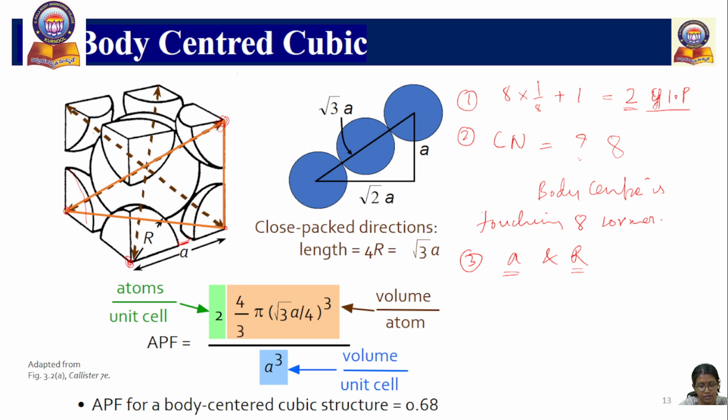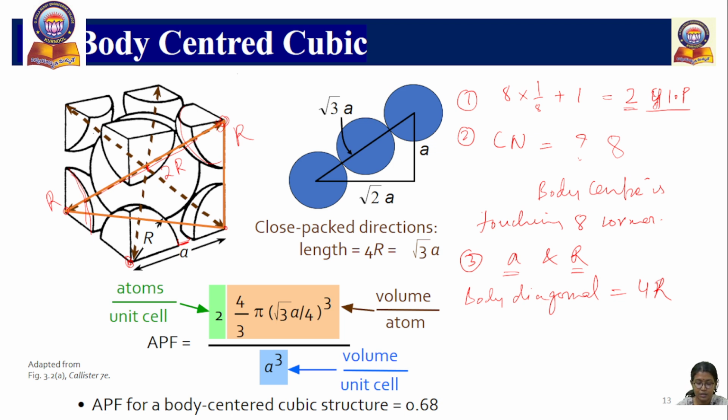Half of this one means the radius is r. Half of this one again is also r. This one is touching completely, which means 2r. So r plus r is 2r. What is the meaning of body diagonal? Passing through the body, inside the body. Body diagonal equals 4r. It is touching altogether 4 radii, or 3 lattice points, but this is 4r.